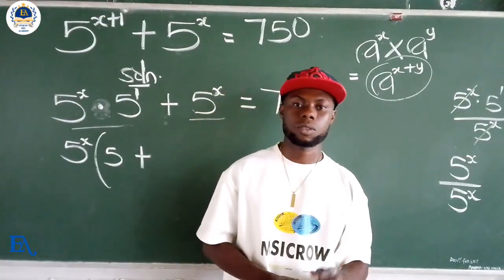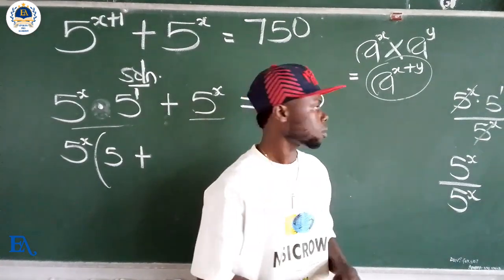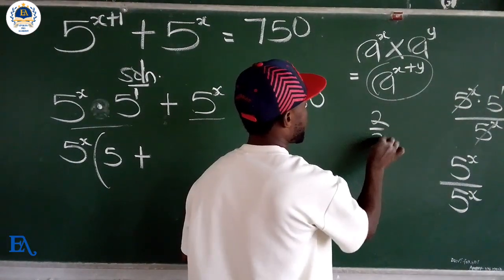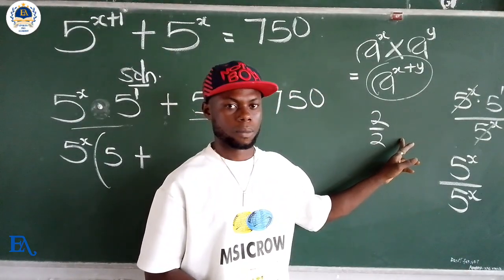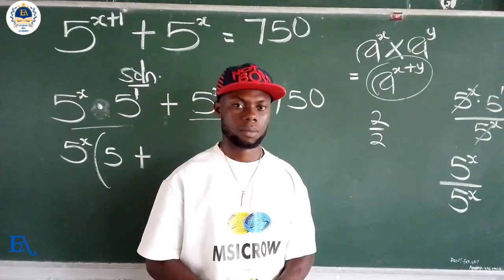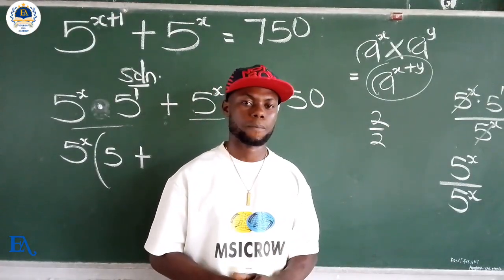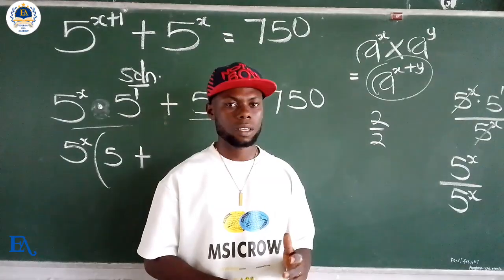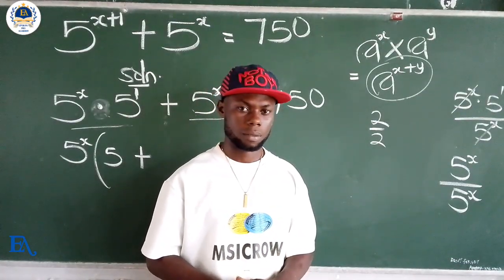Now, if you have 2 divided by 2, what will be the answer? 7 divided by 7? 15 divided by 15? 50 divided by 50, what is the answer?